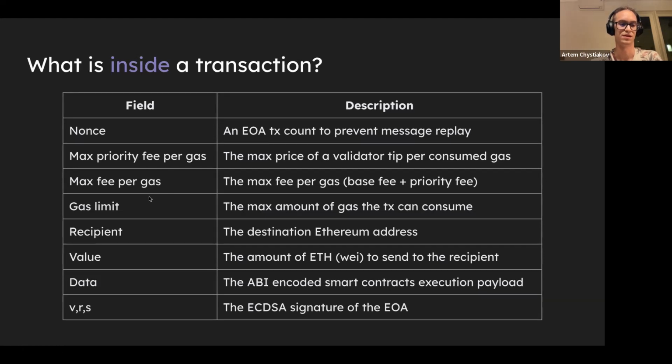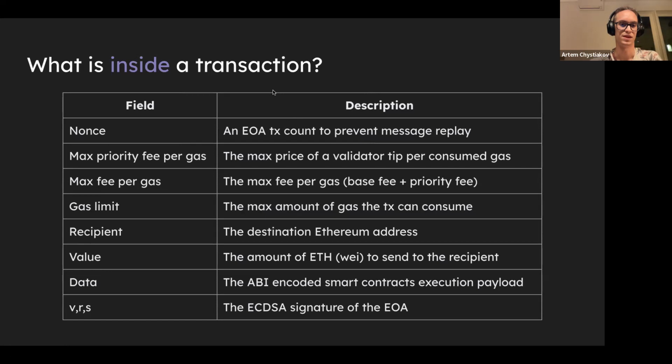Then it might check that the signature is valid, and that the user sending the transaction is recovered from the signature. Then it checks that the amount of Ether that the user possesses is higher than the specified value plus the gas limit multiplied by the max fee per gas, and so on, and that the nonce is valid.